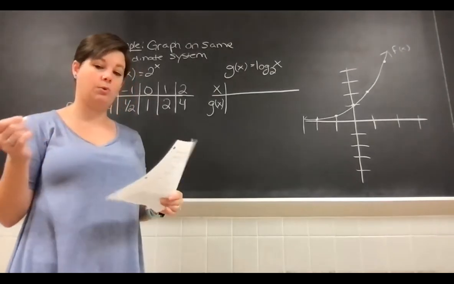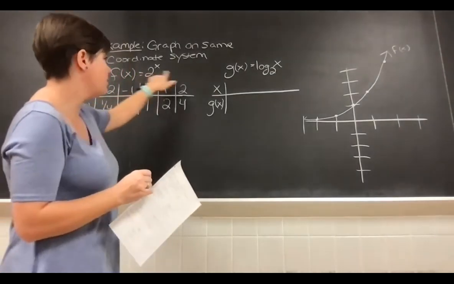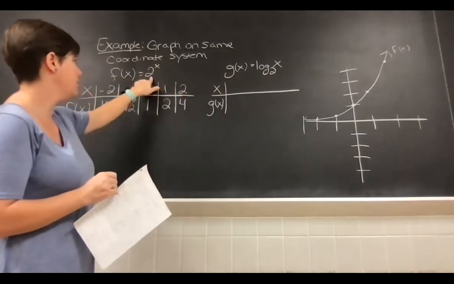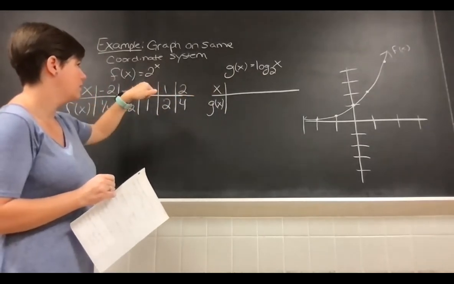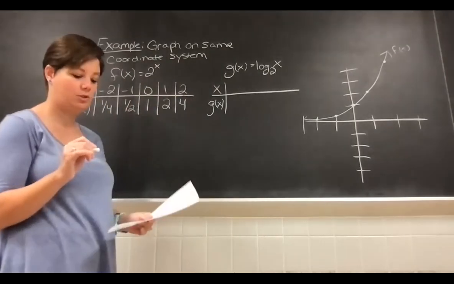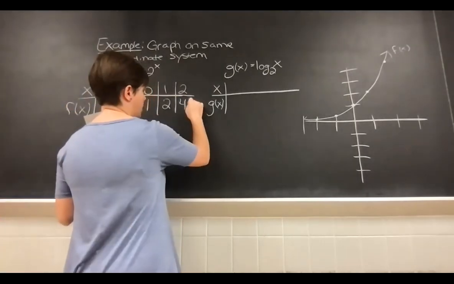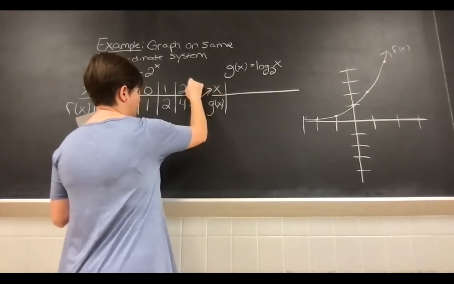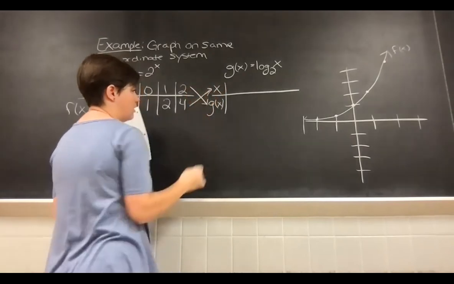So here's the really cool thing, though. Because these have the same base right here, and because they are in the same system, watch what we can do. I want to show you something. Watch. We can flip-flop our x's and our y's.